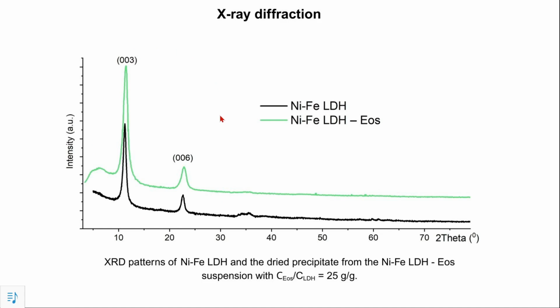There are no changes in the LDH interlayer distance, indicating that the azine binds to LDH through surface adsorption. Additionally, a small broad peak appears in the azine nickel-ferrum LDH sample, which may be associated with azine-related amorphous phases weakly interacting with the LDH matrix.